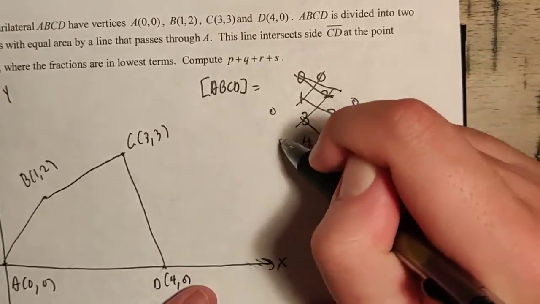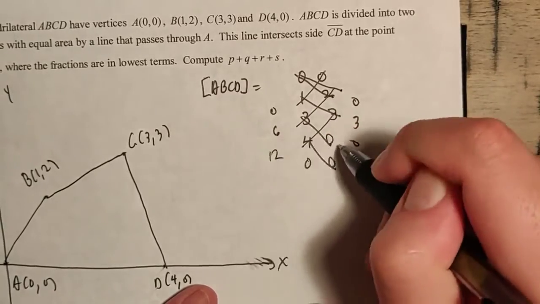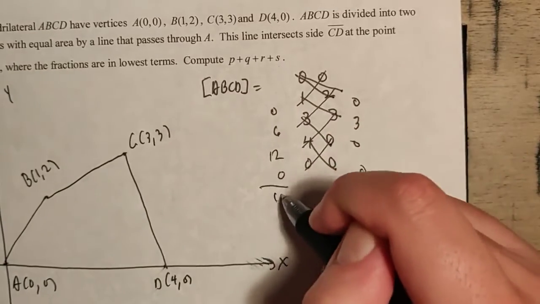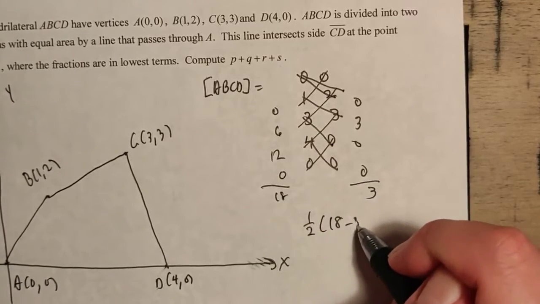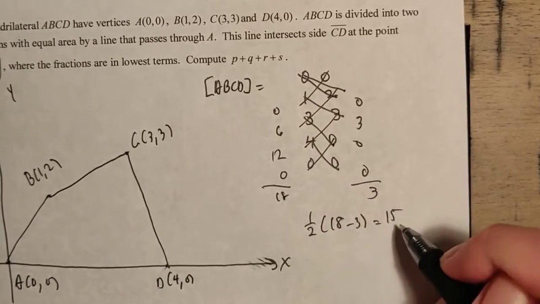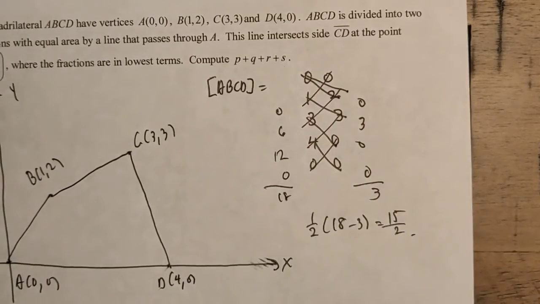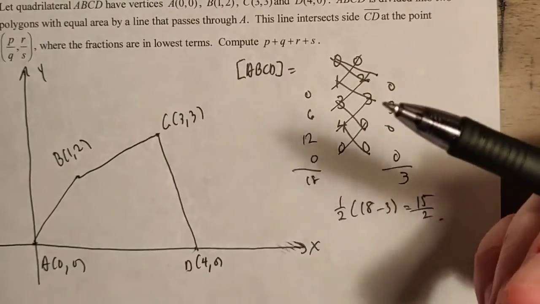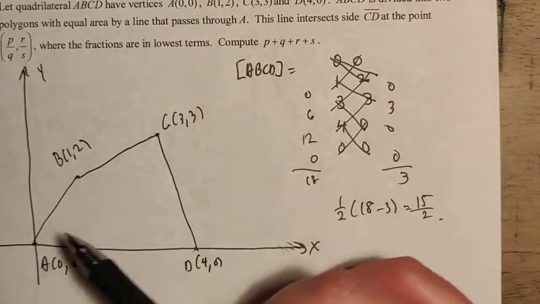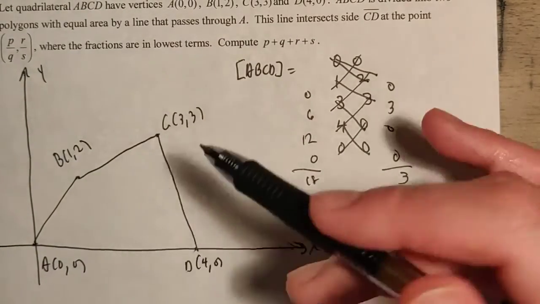This is a 0 here, 2 times 3 is 6, 3 times 4 is 12, and 0, 0 here. So we have a sum of 18 here and a sum of 3 here. So the area is 1/2 of 18 minus 3, which is 15 over 2. So the area of ABCD is 15 over 2. So let's call E the point where this line hits one of these sides.